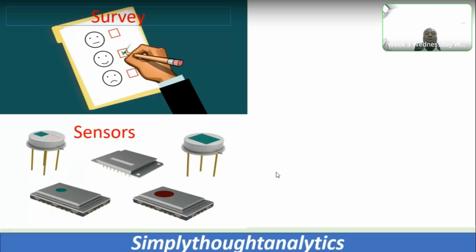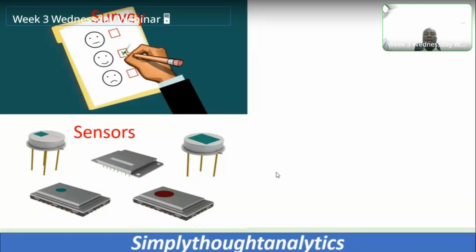So sensors are very important in the digital era when it comes to collection of data. And a lot of data that you'll be having on the internet and so on, and even in big organizations, are actually data which are generated from sensors.